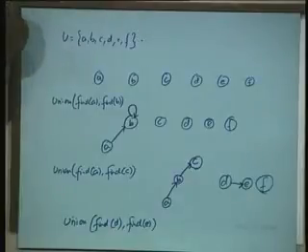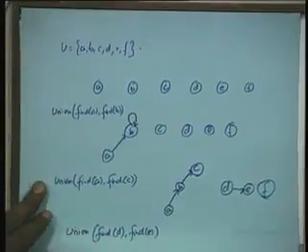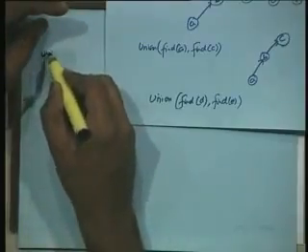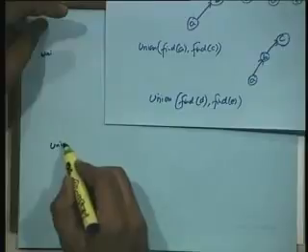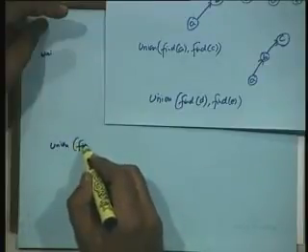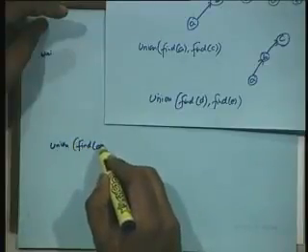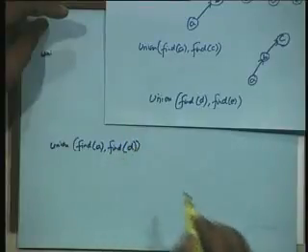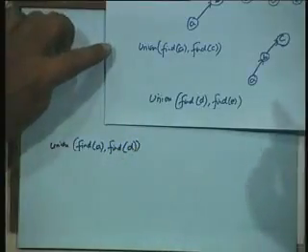So if I decide to do an operation like this, let me keep this picture there and write it down here: union of find A comma find D. What does find A return?